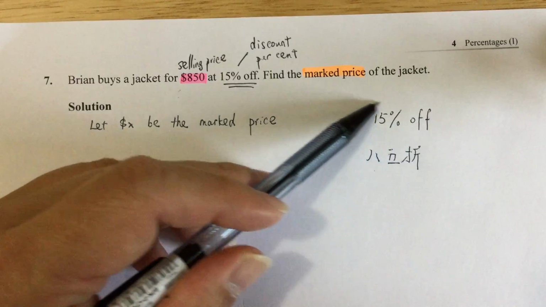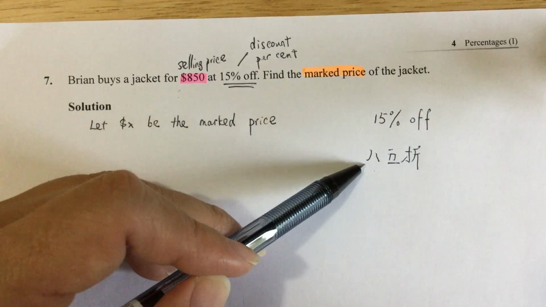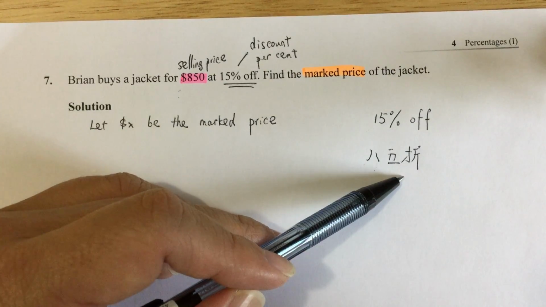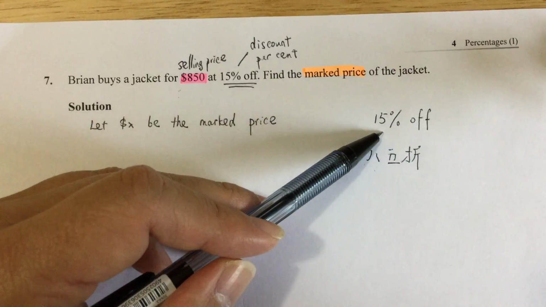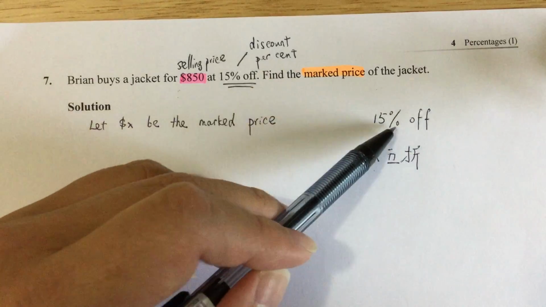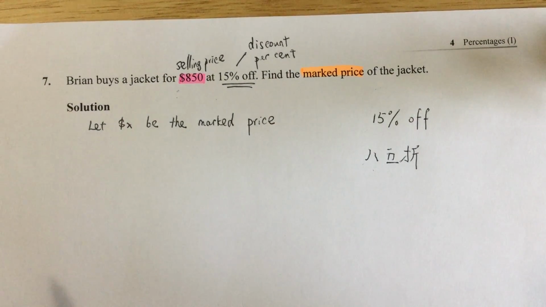So the discount percent is a little bit changed from the Chinese. If you see 15% off in the real world, that means the discount percent is 15%. So please pay attention to the wording.